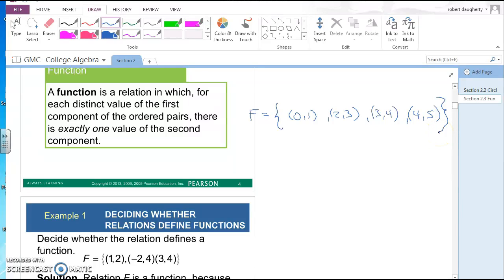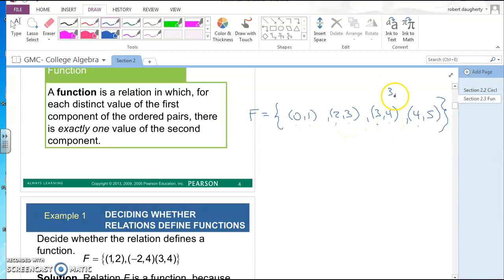If this is a function, then every time I get the first element, so the 0, the 2, the 3, and the 4, I only get one distinct value back from the second. So I get (0, 1), I'm not getting (0, 1) and (0, 2). Whenever I plug in a 0, I only get a 1. This rule tells me every time you input a 0, you output a 1. You input a 2, you output a 3. You input a 3, you output a 4.